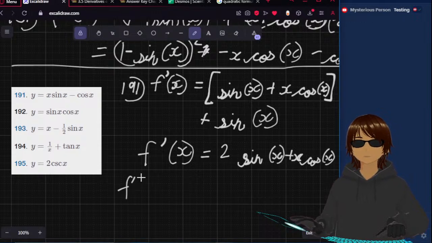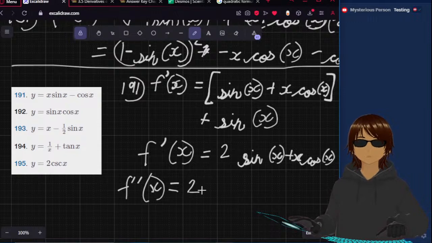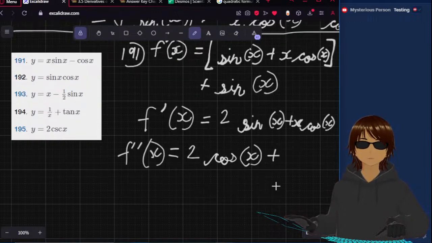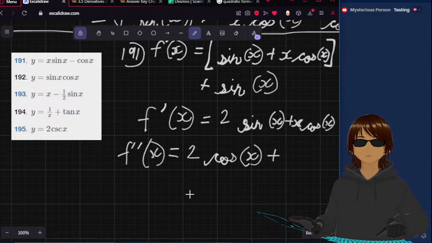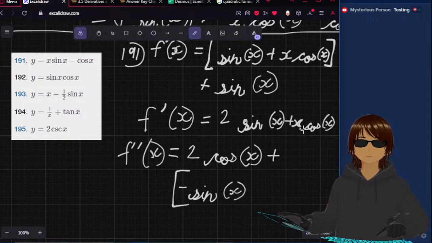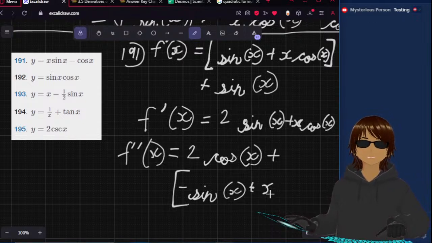Then cos, let's start with derivative of the first times the second, derivative of the first times the second plus the first.